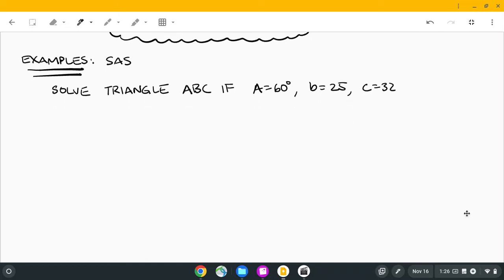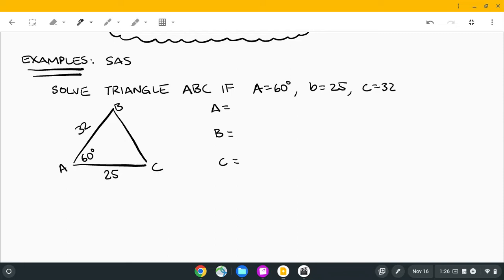Again, I still like to draw my triangles and label them. A is 60, b is 25, little c is 32. And since I'm solving, I like to list all 6 parts.